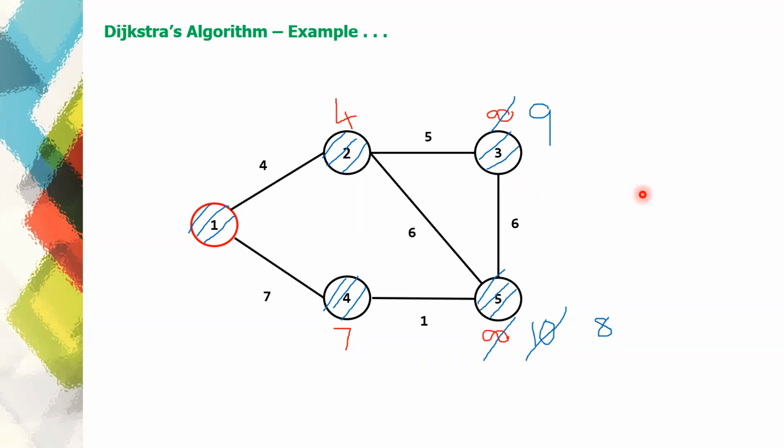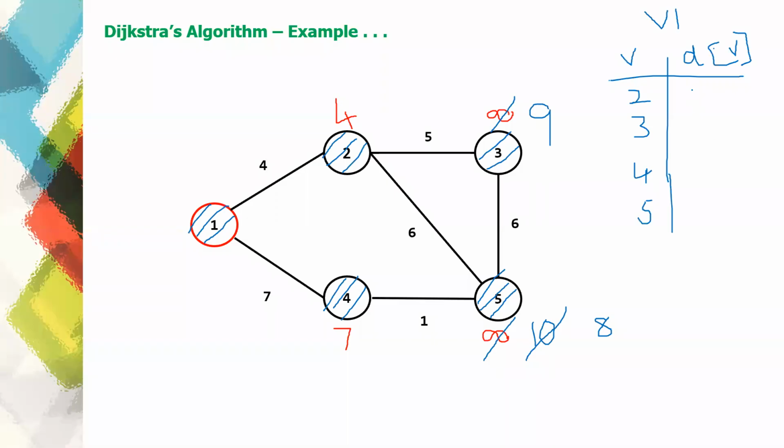Now I'm going to prepare a table. What is the vertex and what is the distance of the vertex? Considering the source vertex to be V1, the remaining vertices are 2, 3, 4 and 5.